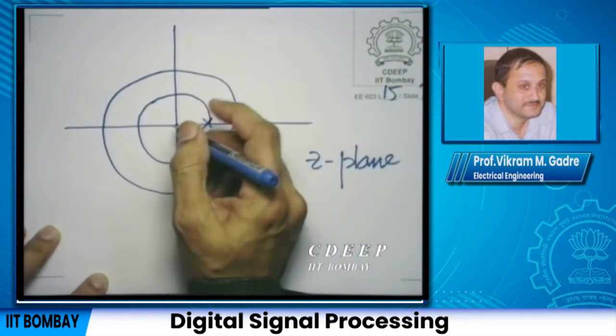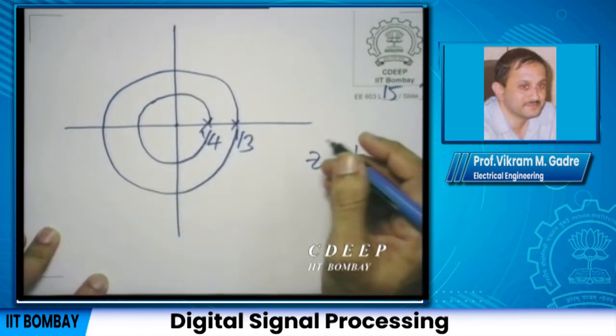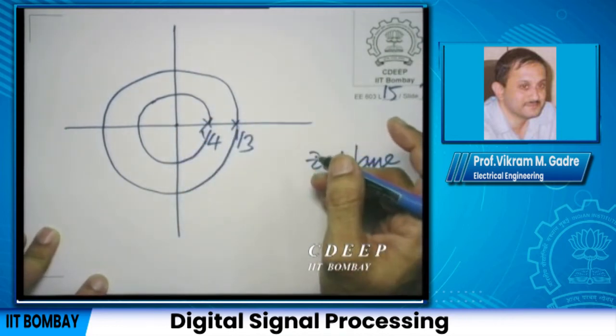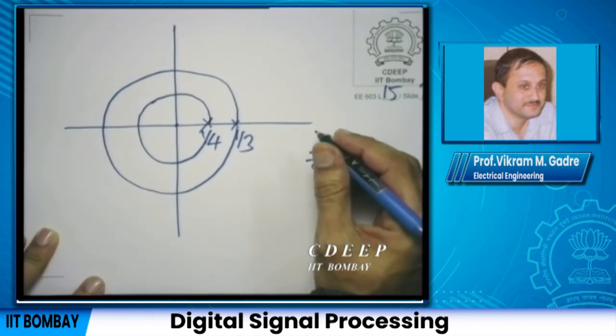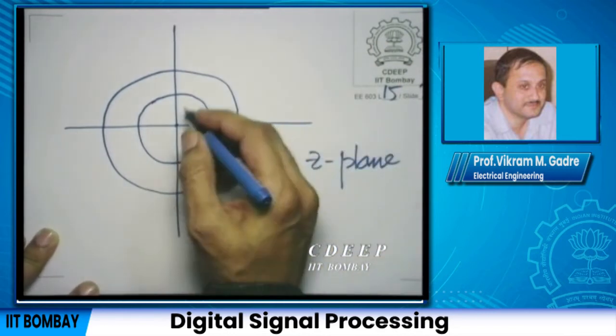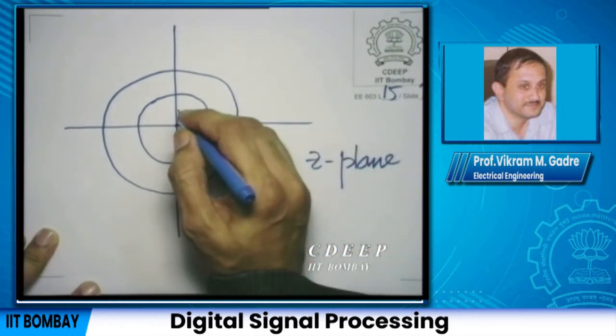Now, clearly, if you want simply connected regions, that is, if you have regions where any 2 points can be joined by a line completely within that region, then there are only 3 possible simply connected regions that these 2 concentric circles can give.